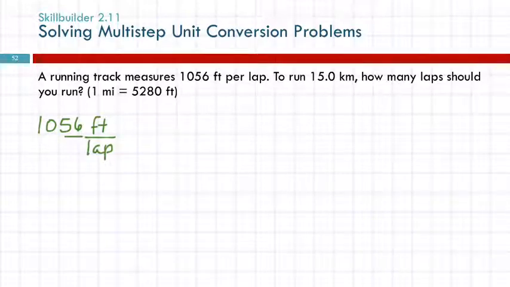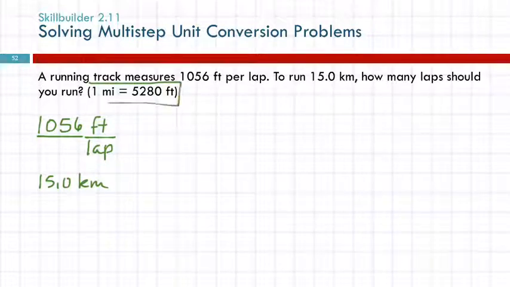Let's just extend that line and make it one fraction. So anytime you see per, those units are divided. And then we have 15.0 kilometers. And I'm not going to write this down because it's so nice right there. And then, those are all the numbers.